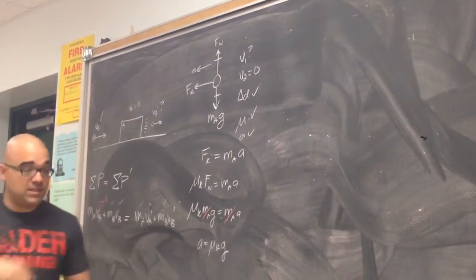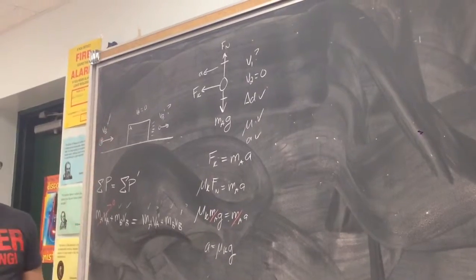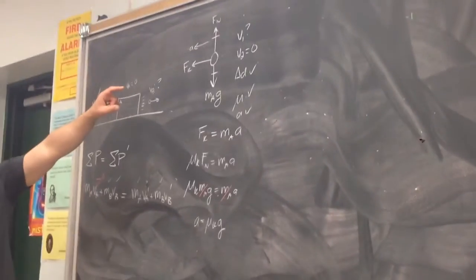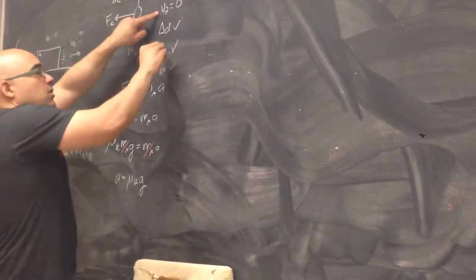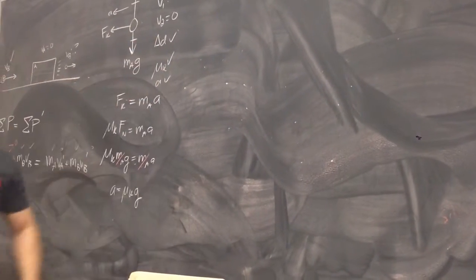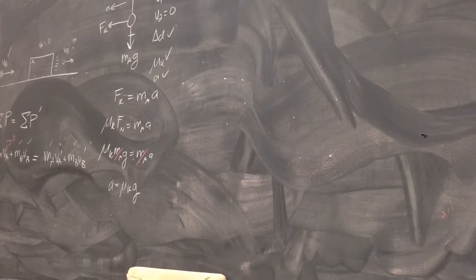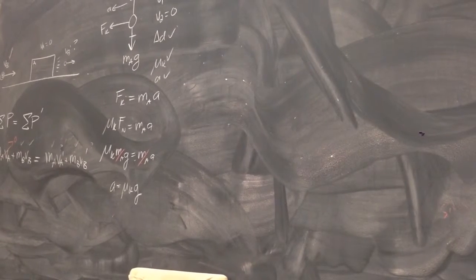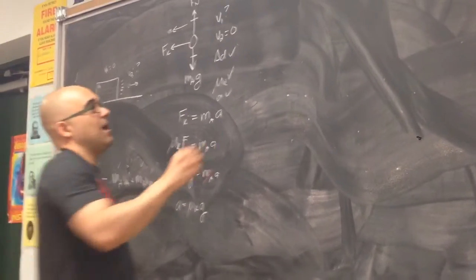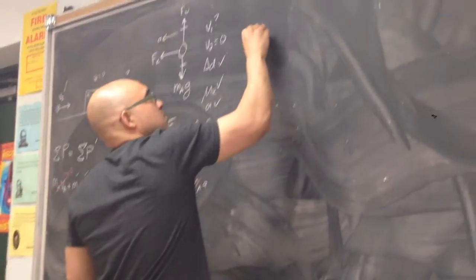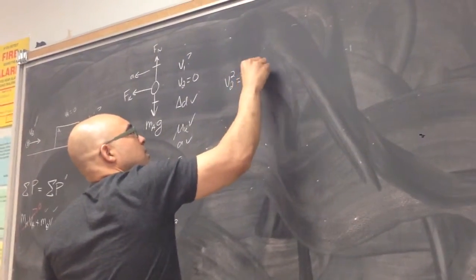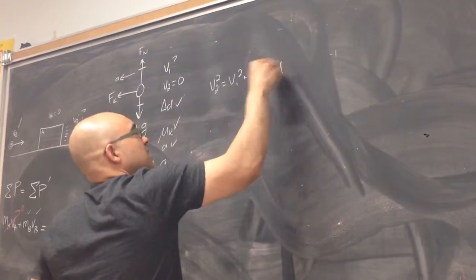So now we know the acceleration, we can go back to CAPM and solve for that initial velocity. Which equation can we use to find the initial velocity, given that the final velocity is 0, we know the displacement and we know the acceleration? Yeah, v2 squared equals v1 squared plus 2a delta d.